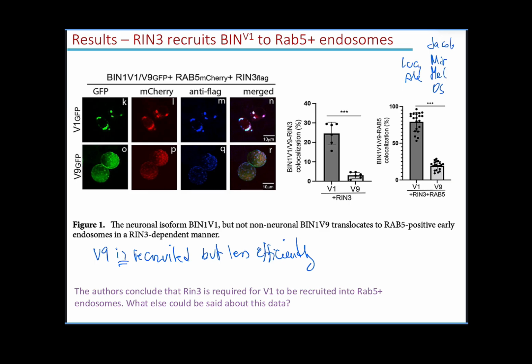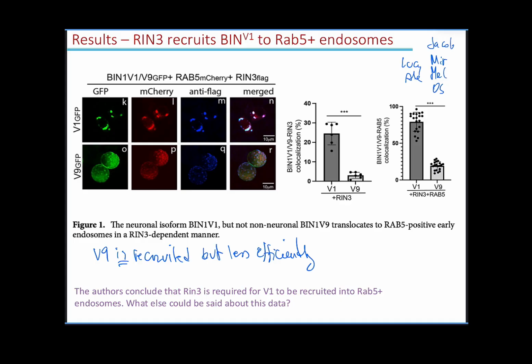That when you have V9, Rin3, which we can follow with the anti-flag staining, and Rab5, which we can follow with the mCherry, are all scattered themselves, right? So it kind of goes both ways.